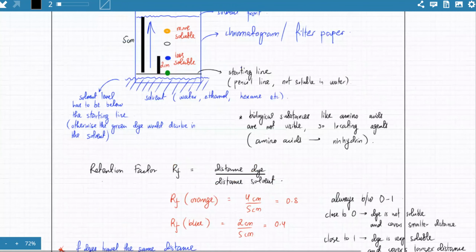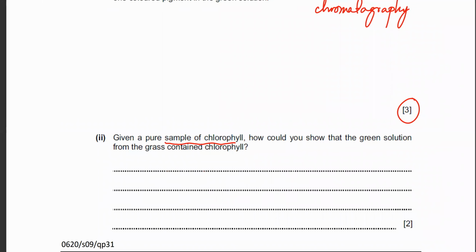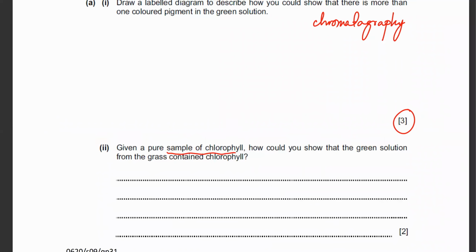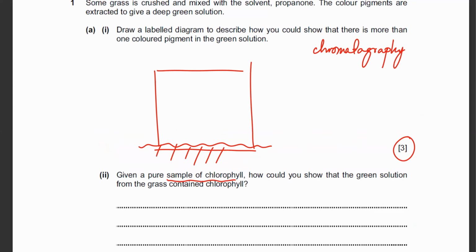I'm going to draw it over there. How could you show that the green solution from the grass contained chlorophyll? Let's say here's a chromatogram, and this is the solvent that you've dipped it in, and I think they did give the name of the solvent over here, which was propanone.